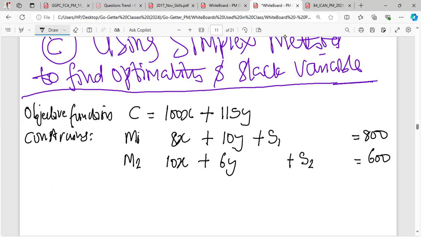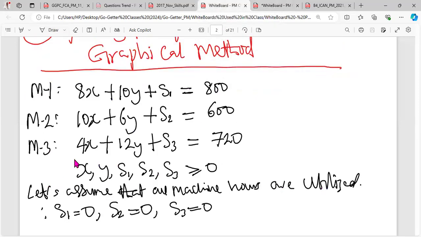Now, can you notice something here? All the x values are in one line. All the y values are in one line. S1 is in one line. So I can put S2 under it. So S2 will be on its own line. So you can see why I'm giving a space, because I know for M3, I will be having S3.